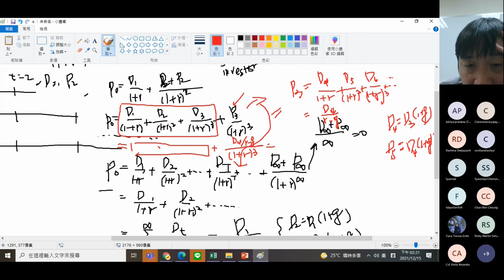And we know D4 can be estimated as D3 times 1 plus g.